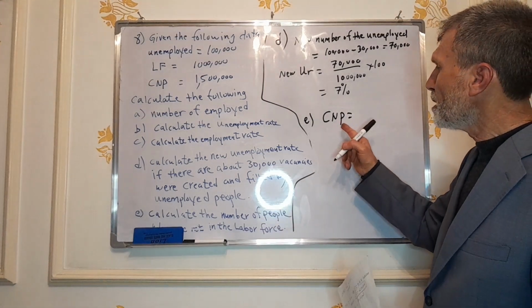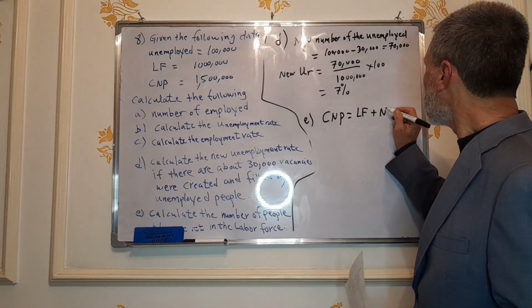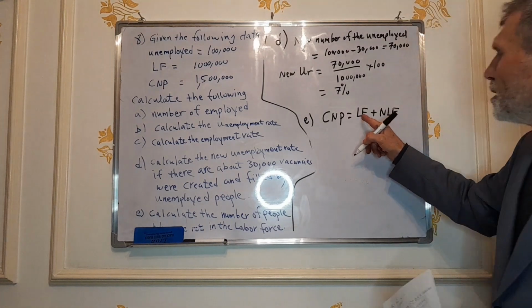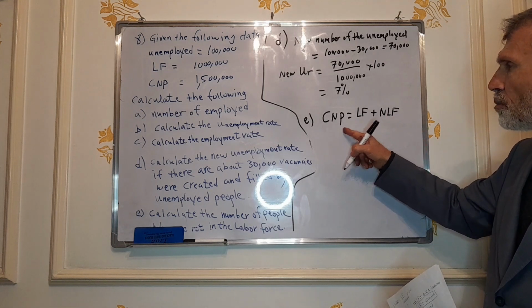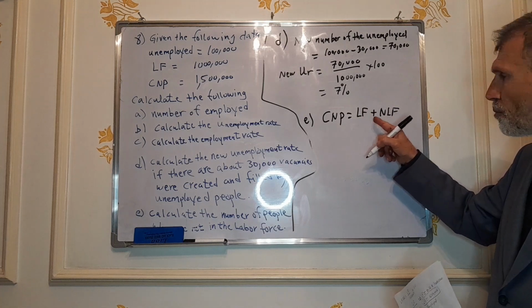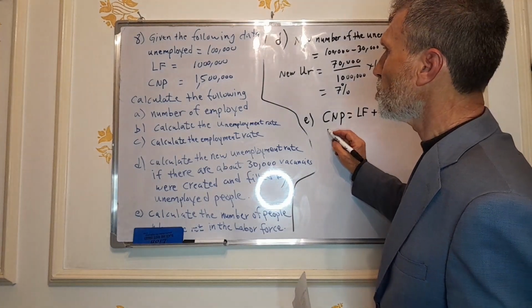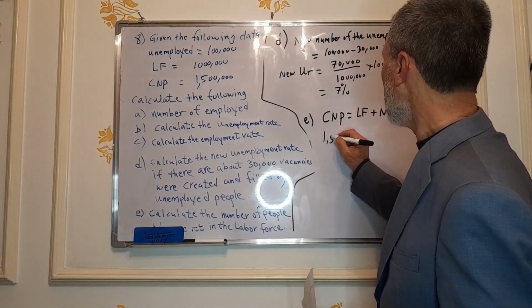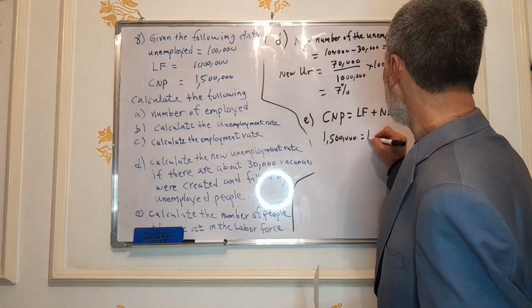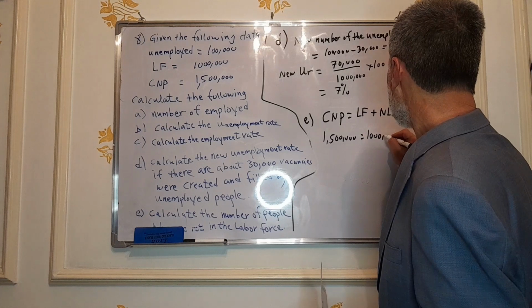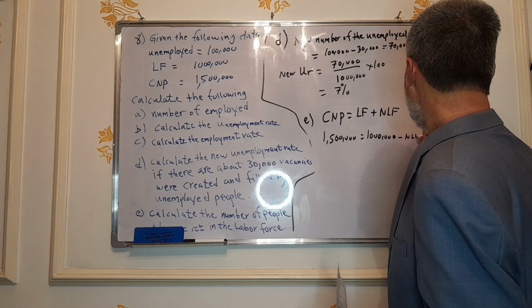So the civilian non-institutional population, 1,500,000, is equal to labor force, 1 million, plus not in the labor force.